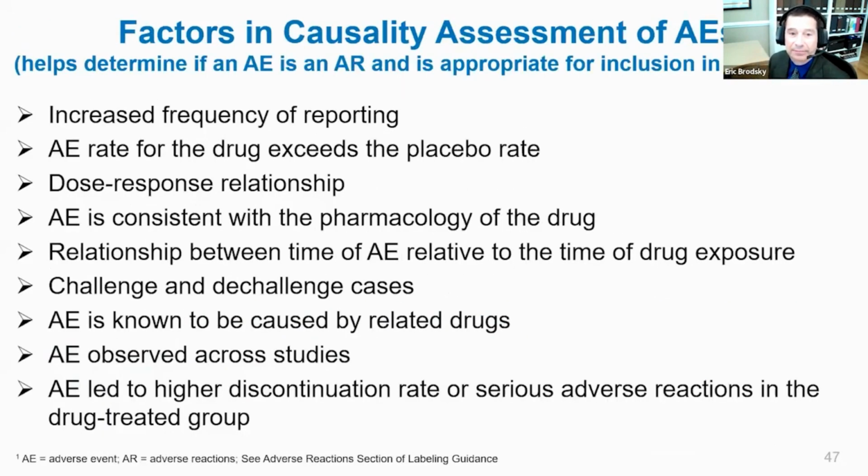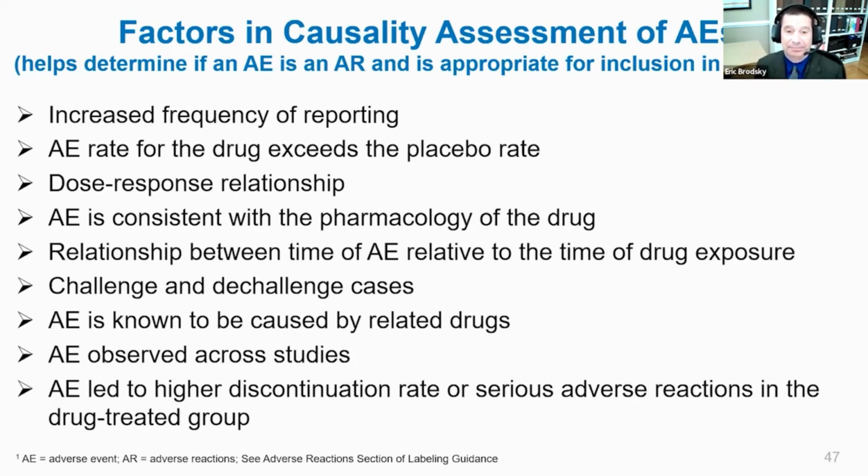Next slide, please. So this is well known to many folks. This is basically factors to determine whether an adverse event is an adverse reaction and is appropriate to include in labeling. And this is stated very nicely in the adverse reactions section of labeling guidance.